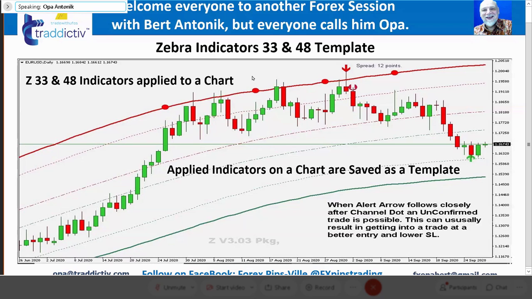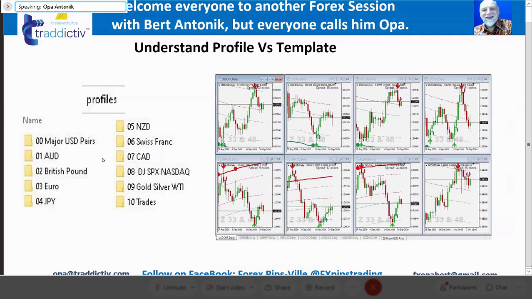So this approach on the end of day, remember this is end of day, this approach allows you to get in a little earlier usually, and also reduces your stop loss with the bigger profit potential. All right, so let's go ahead and see what that looks like. In your profiles, down at the bottom of your screen in MT4, you'll see profiles. So what I've done is I've set up some profiles.